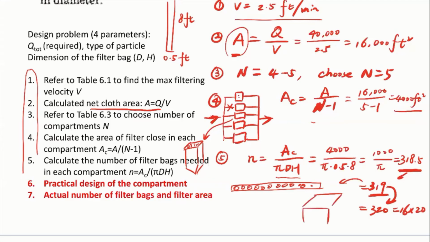So in this way, we can have a compartment that has 16 rows and 20 columns. So this is going to be a more uniform compartment where we can manufacture the casing of the compartment, and also it's easier to arrange the columns in the system there, okay?